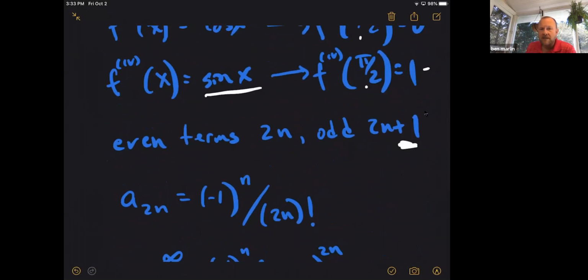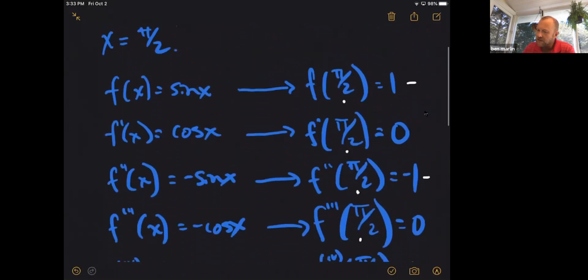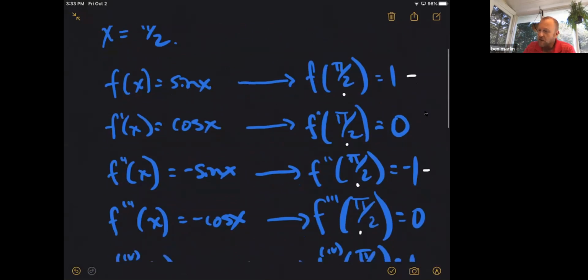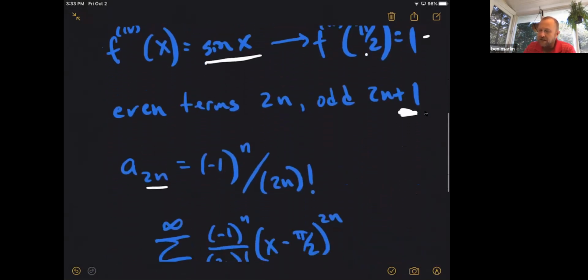So what we're going to write is a sub 2n. And the reason that we want to break it like that and say a sub 2n is because we can see that pattern that we are getting a 1 and a -1 back and forth. We need something like the -1 to the n.